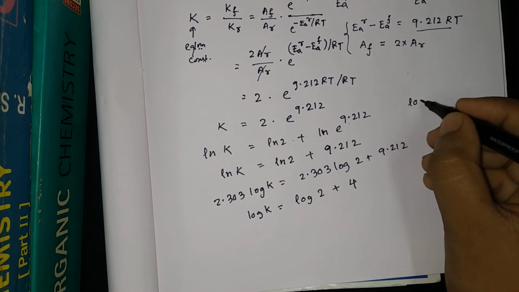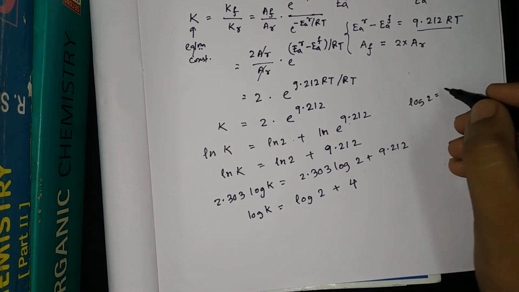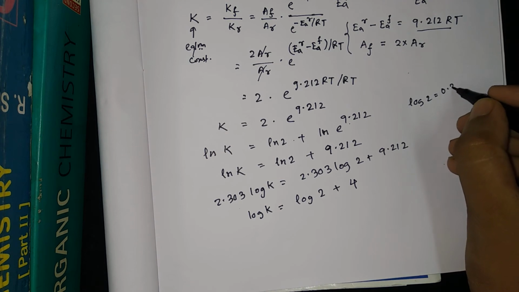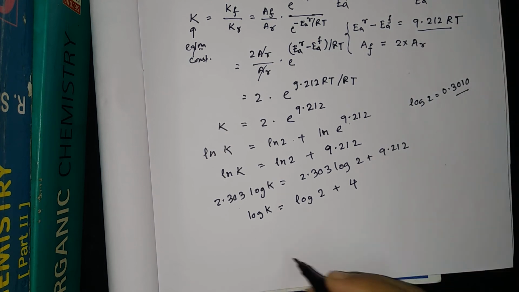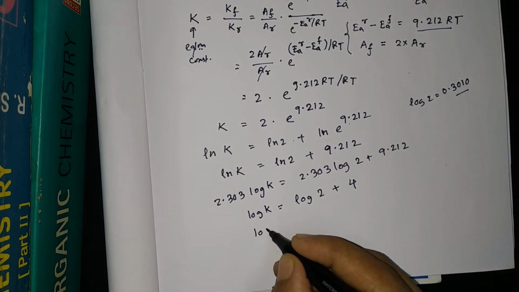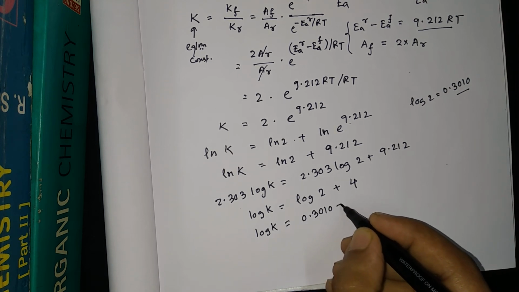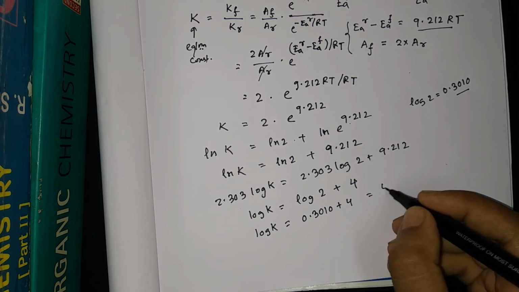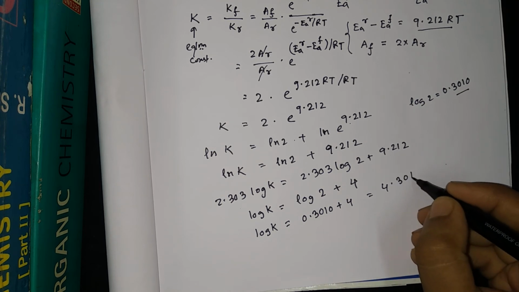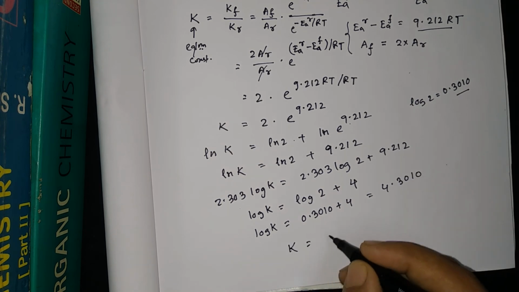Now guys, log 2 equal to 0.3010. This value is given. So therefore log K equal to 0.3010 plus 4, that means 4.3010.